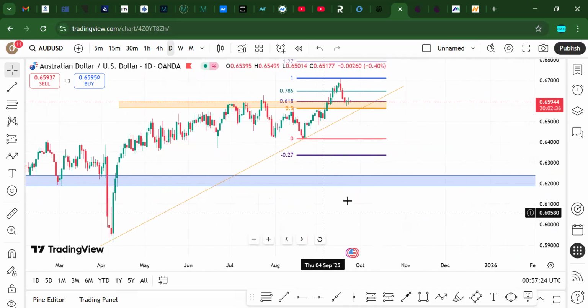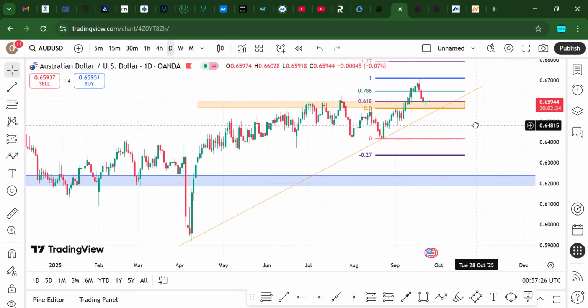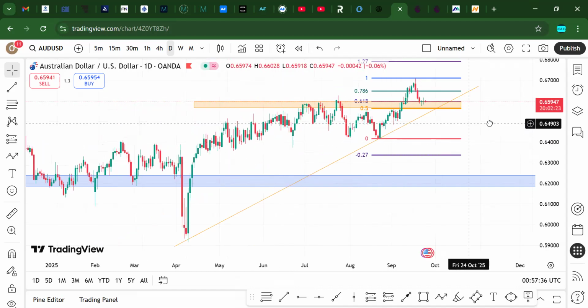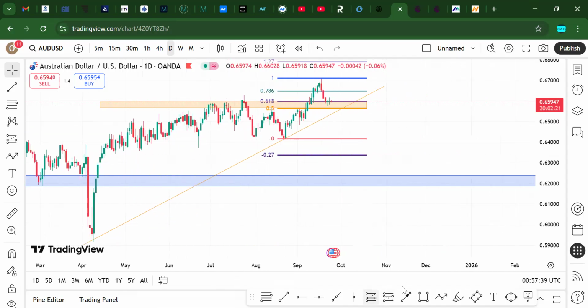Another very strong indication of buying pressure about to kick off is the presence of this double bottom. Of course, we know that a double bottom is a strong bullish reversal chart pattern. So we have this double bottom here.